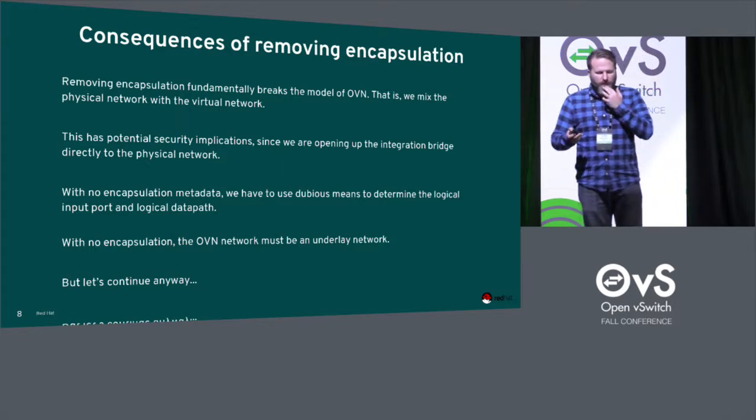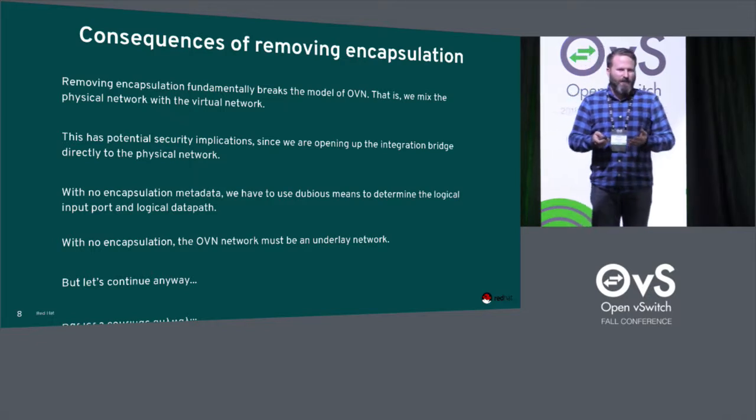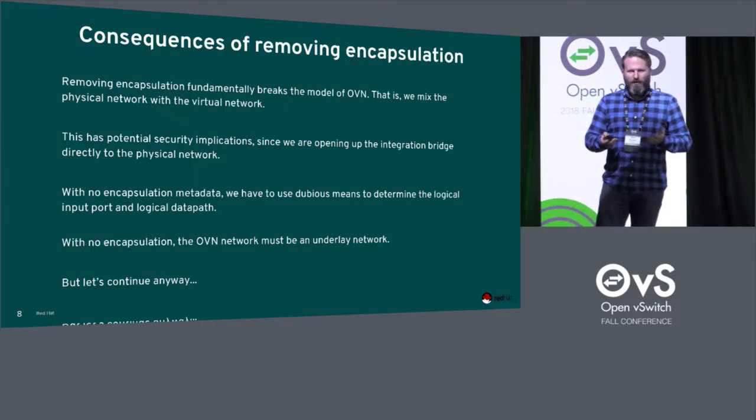And without encapsulation metadata present, you have to come up with alternative, I called it dubious, means in this slide, to figure out the input port and data path. Also, without encapsulation, OVN has to be an underlay network, and it also potentially affects the topology of the network that you're working with.